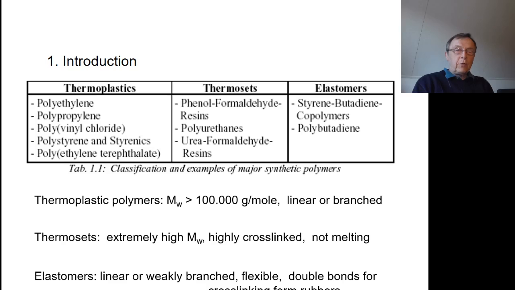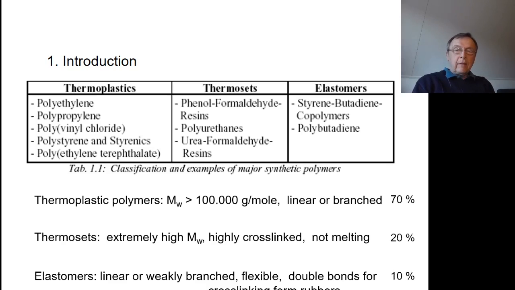So we can first bring them into the desired shape, for example, a tire for a car. And once we have formed them to a tire, we add some chemicals that do the cross-linking, and then we heat them up or do some other chemical treatment and cross-link them to fix the final shape of the product.